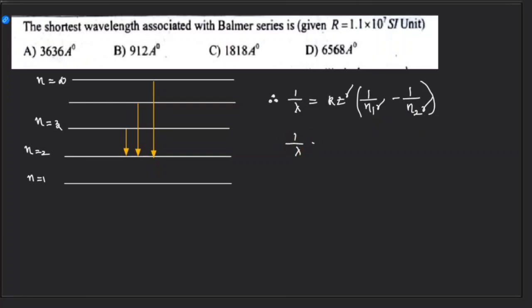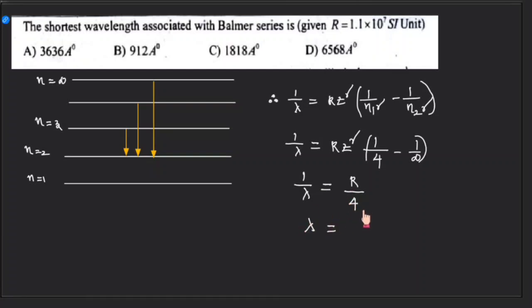Therefore 1 by lambda is equal to R Z square. So 1 by n1 square: the lowest orbit is 2, so 1 by 4, minus 1 by infinity, right? Therefore I could say 1 by lambda will be equal to R by 4, because the Z value is 1, because this is hydrogen, so R by 4.